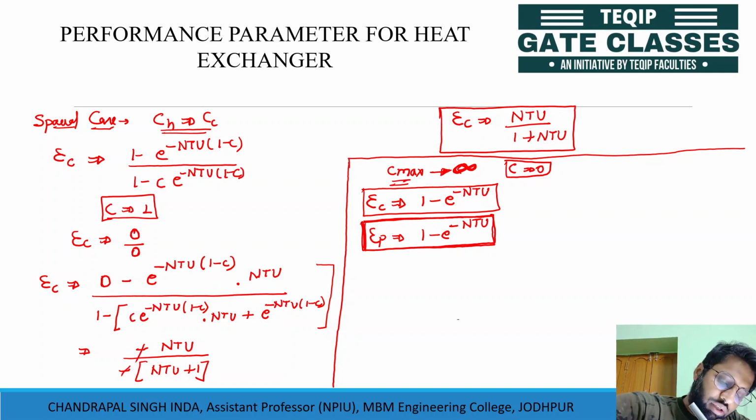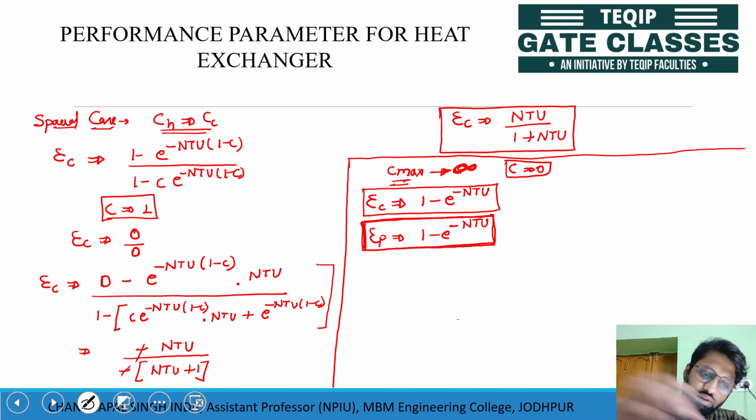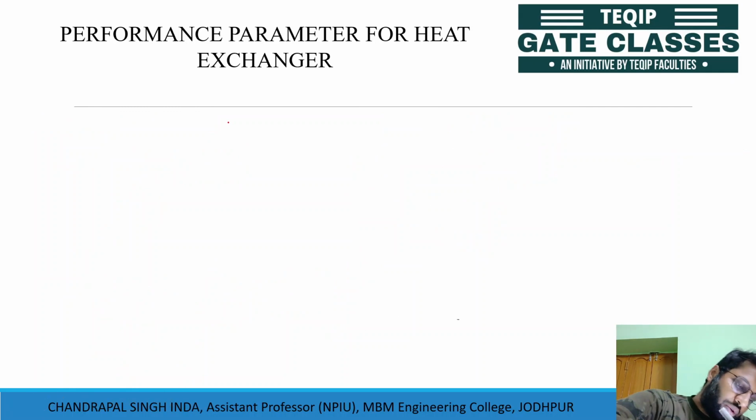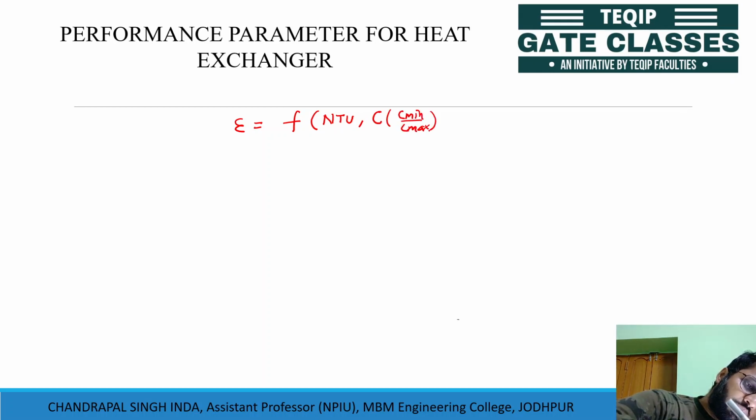So let's go to the next page. We know that the effectiveness is a function of NTU and C, that is C minimum by C max. So let's plot the variation of effectiveness.